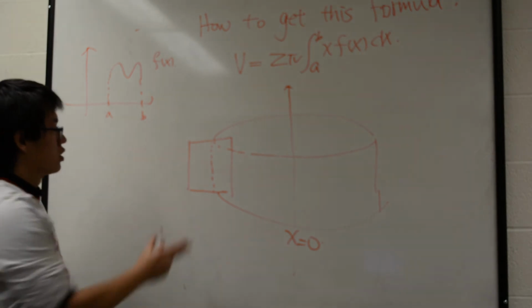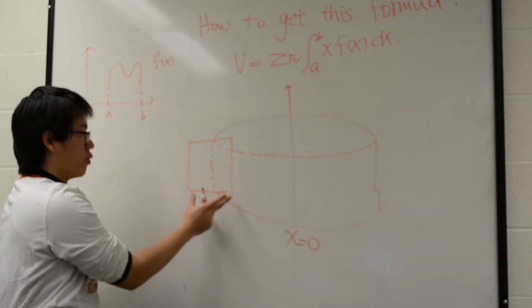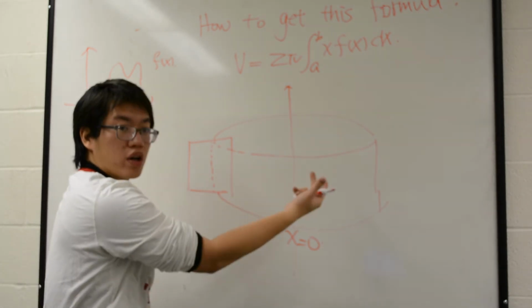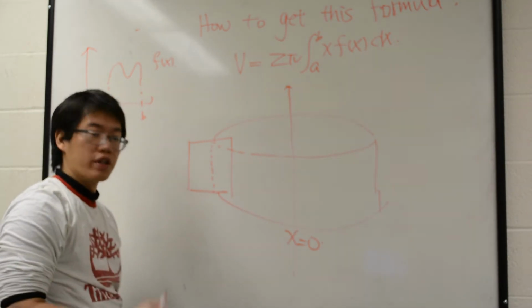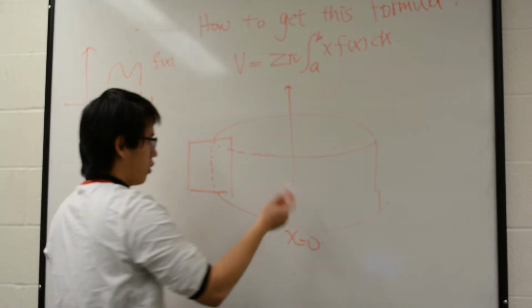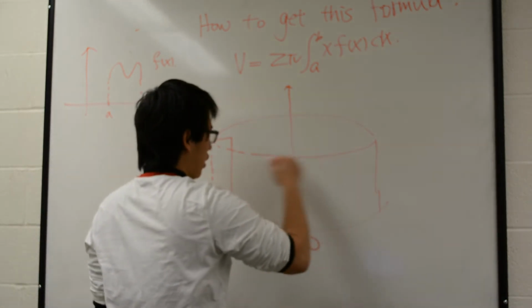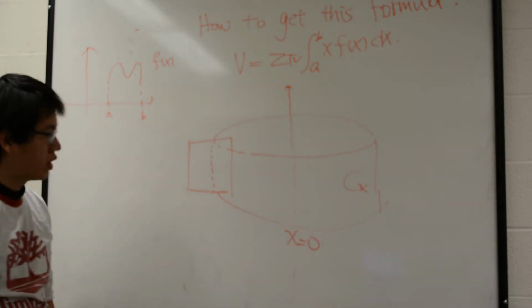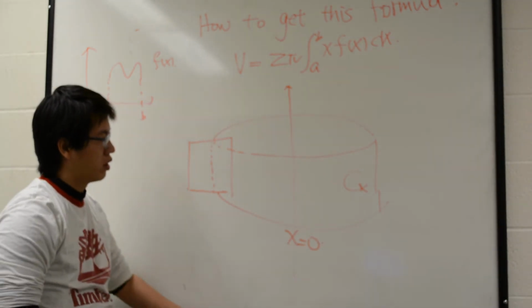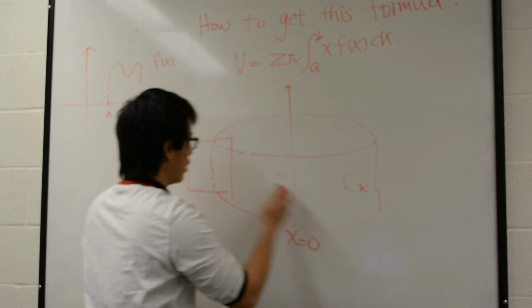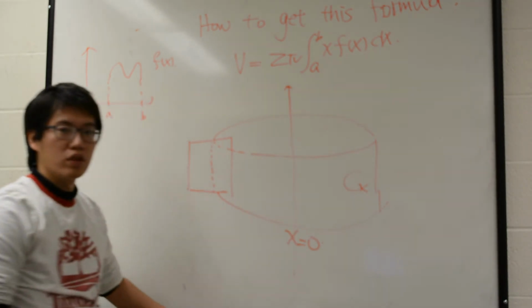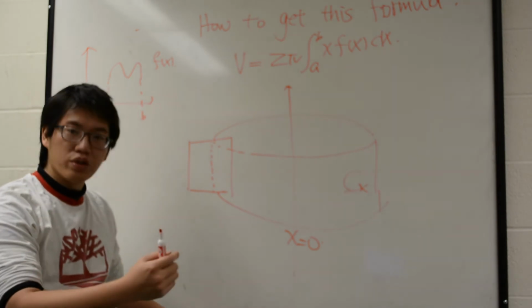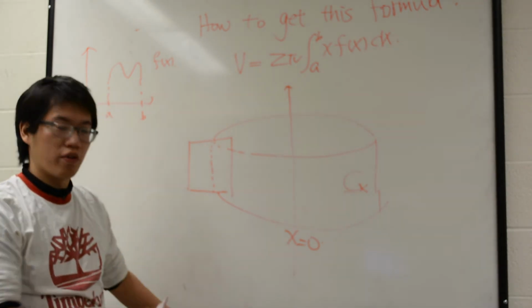Okay, so the volume obtained by rotating this square is the sum of these cylinders. So I say this is the cylinder C of x, the cylinder depends on x, and this is the surface. CS means the region of the surface of the cylinder.